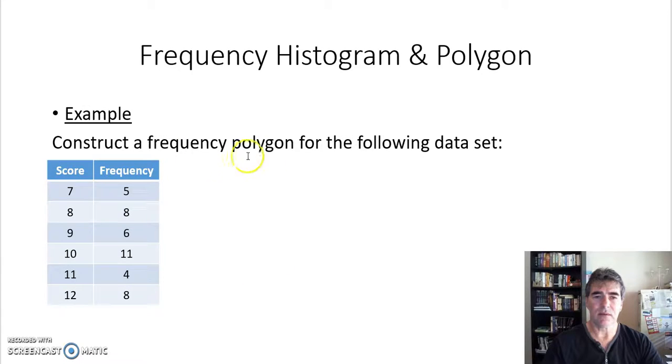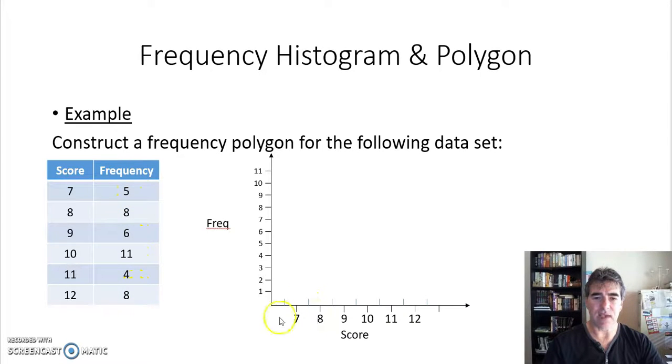Same example, scores 7 through to 12, the same frequency as we had before. We'll set up our axes in exactly the same way: scores 7, 8, 9, 10, 11, 12 with that extra mark there, my half marks in between, and my frequency going up to 11 on the vertical axis.